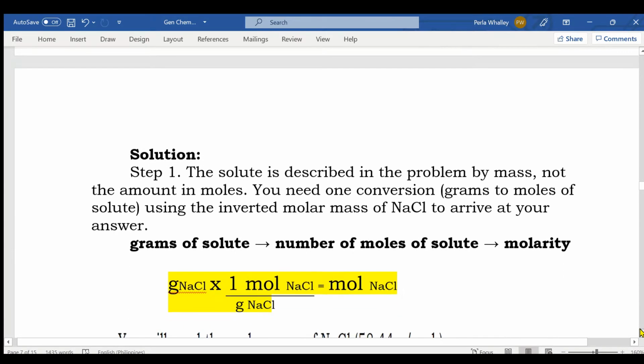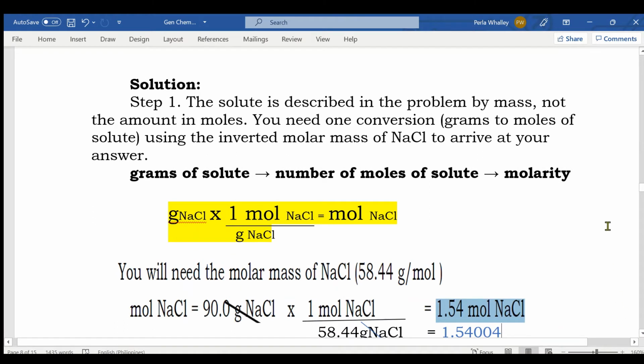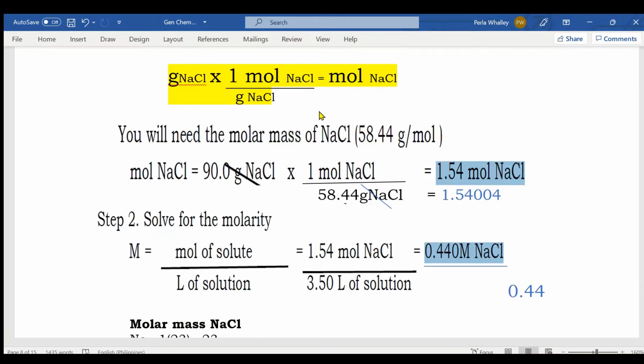Then the solution. Step 1. The solute is described in the problem by mass, not the amount in moles. You need one conversion, grams to moles of solute, using the inverted molar mass of sodium chloride to arrive at your answer. So, from grams of solute to number of moles of solute, then we can get the molarity.